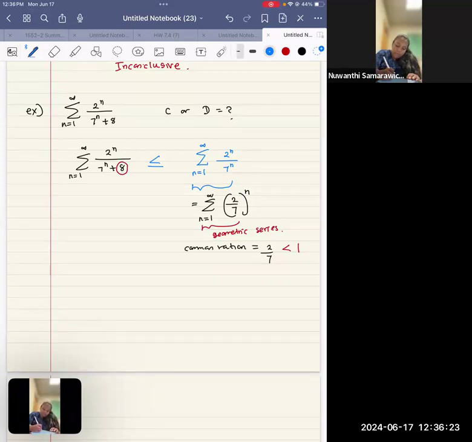So what do you think? By the geometric series, since R is less than 1, the series is convergent.